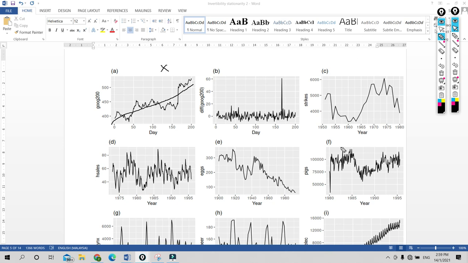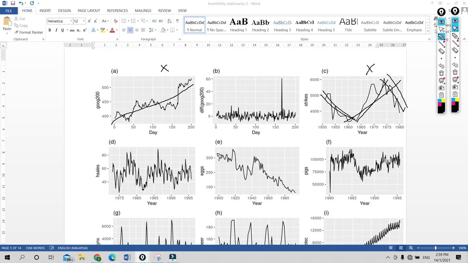Now looking at graph C, I have a trend here. We have a downward trend, then an upward trend, then a downward trend. This also we cannot consider as stationary because we have a trend line here.